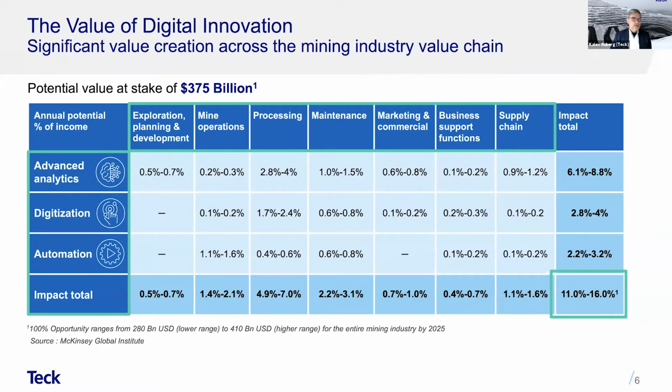And it's across all kinds of technologies, including advanced analytics, digitalization, automation, and across all of our supply chain, from exploration through mine operations and processing, maintenance and business support functions in the supply chain. So we're looking at 11 to 16% of that 375 billion that could actually be changed.